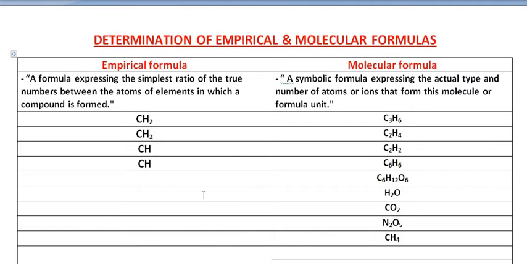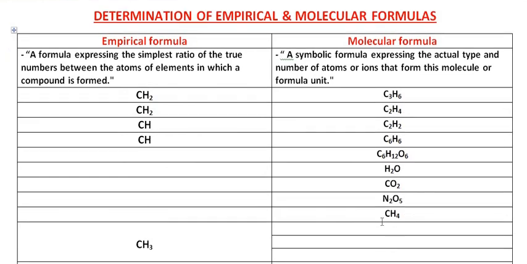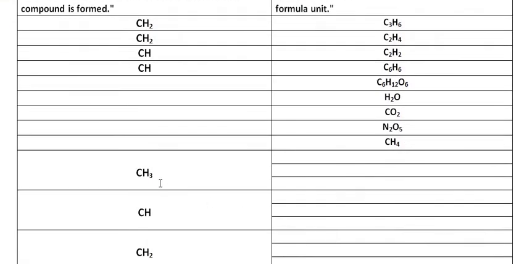This is the same H2O. CO2 is the same CO2, no common factor between 1 and 2. N2O5 is the empirical formula, no common factor between 2 and 5. CH4 is the same, no common factor between them.